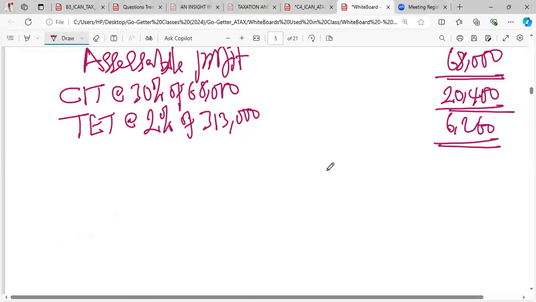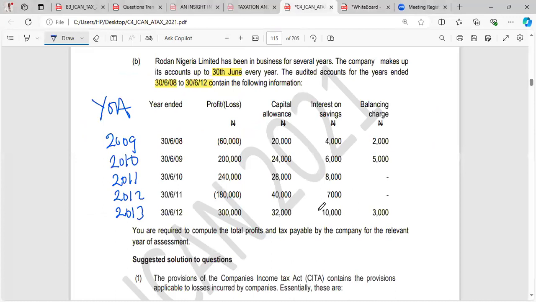So that's how this question is being handled. That's question number 2 for loss relief.